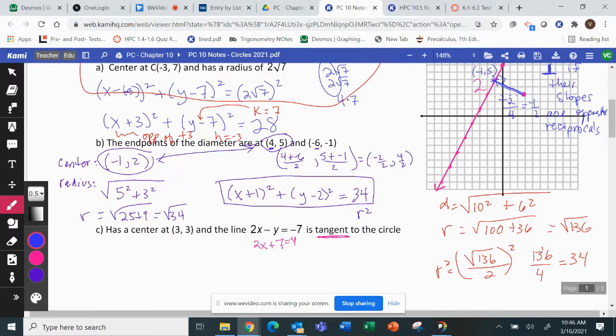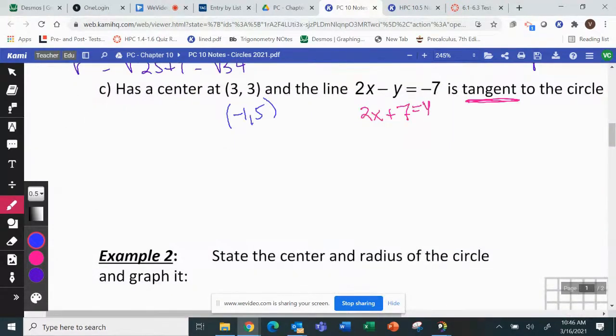Length. John. Length. Distance formula. So I'm going to do the distance formula between 3, 3 and -1, 5 to find my radius. So between 3 and -1 is 4, and between 3 and 5 is 2. We get square root 20.